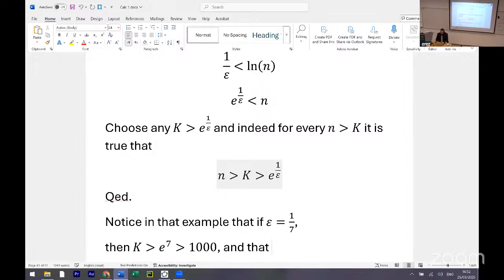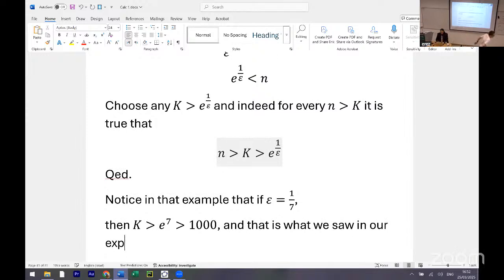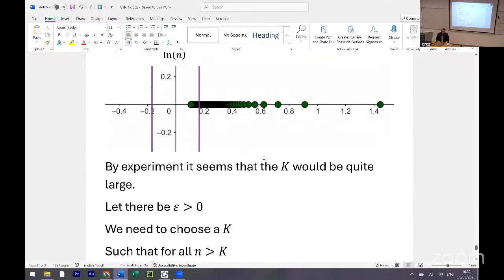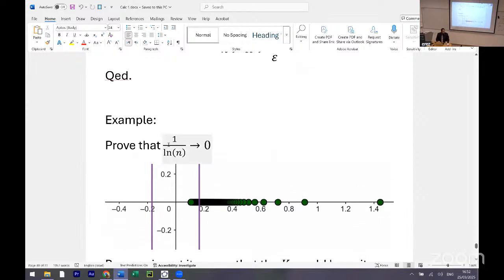And that is what we saw in our experiments above. Okay, so like I said, if it was an exam and someone asked you what is the limit of 1 over ln n, all you would say is ln n tends to infinity, 1 over infinity is 0, and finish it.